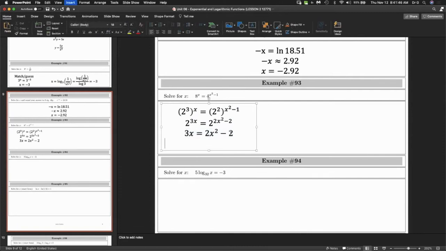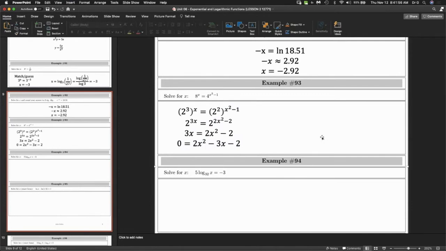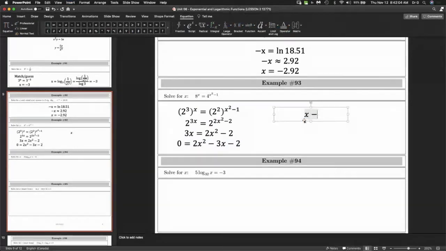And from there, you're going to either factor this, it does factor, or you're going to use the quadratic formula. For the sake of time, I'm not going to show that part of the process. Based on your performance on the midterm, I do believe that you guys were very solid at this part. So x is going to equal, I'm just going to tell you the two answers. X is equal to 2 or negative a half.